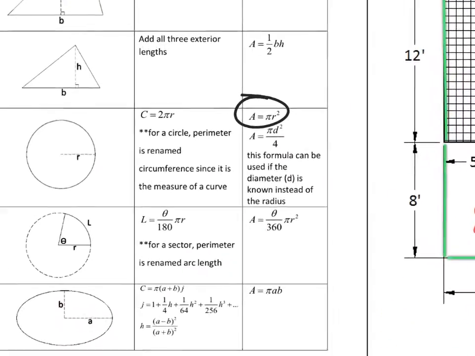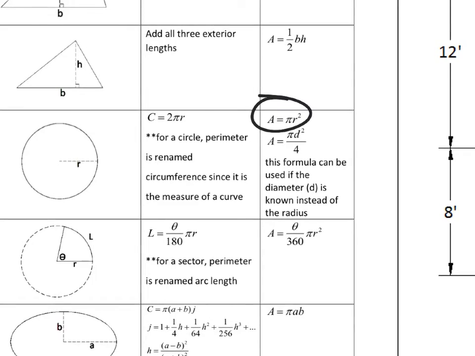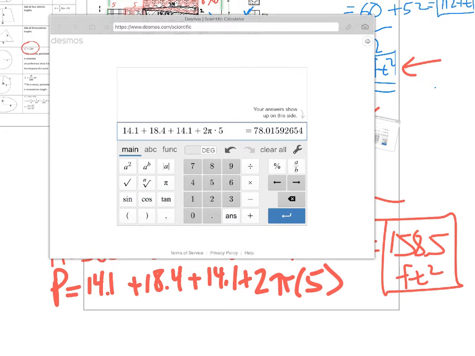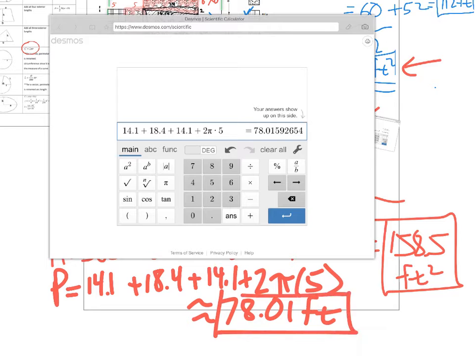Circumference is 2 pi r, and the radius is 5, so we have 2 pi times 5. If we add those up, we're going to get 78.01 feet. So if we were going to put a border on there, we'd need 78 feet of border roughly. All right. So that's the hardest one there.